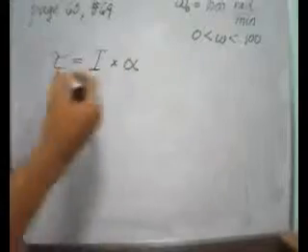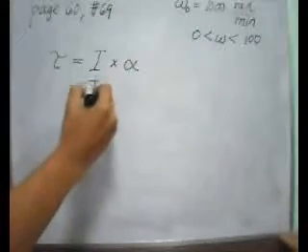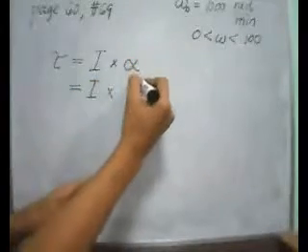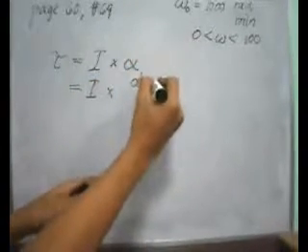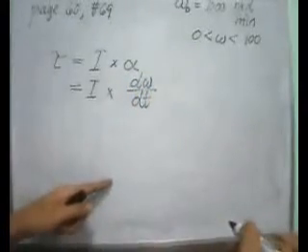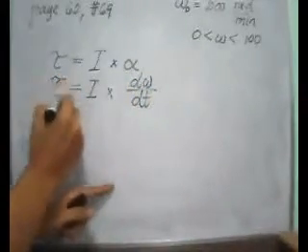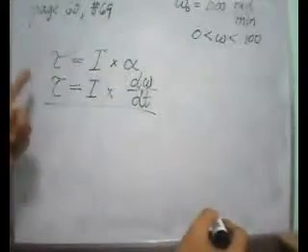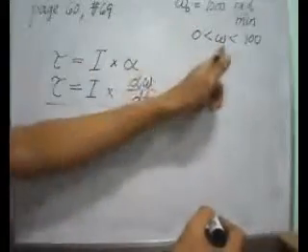Now from physics, we learned that the angular acceleration is the first derivative of your angular velocity with respect to time. This one now can be used as our intermediate step to express omega in terms of time t.